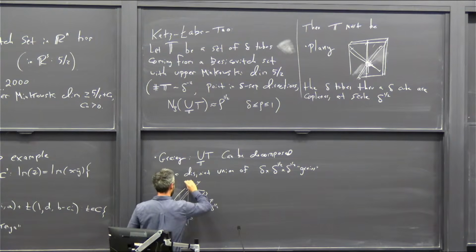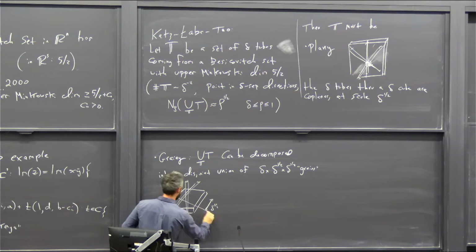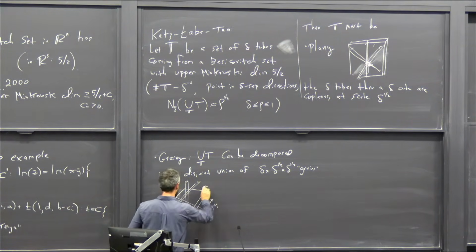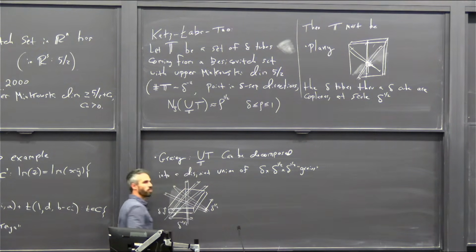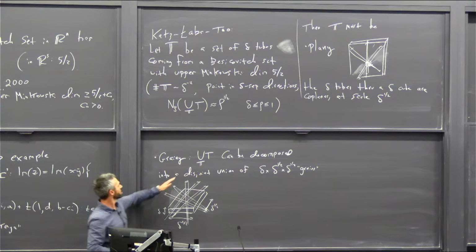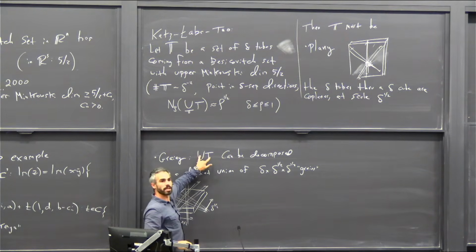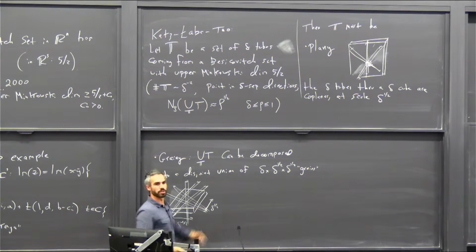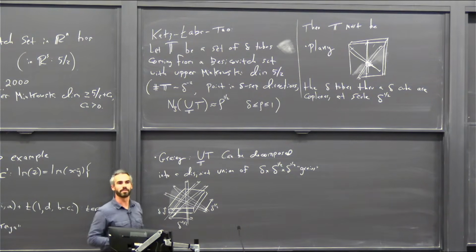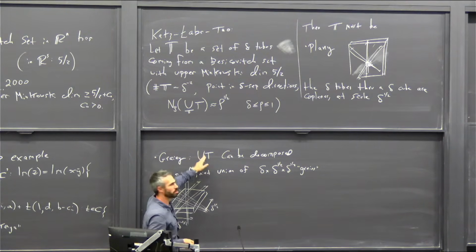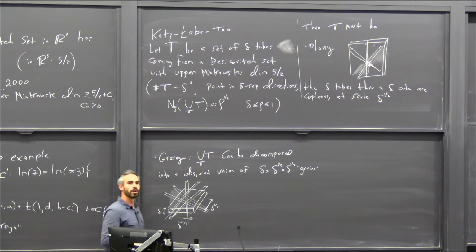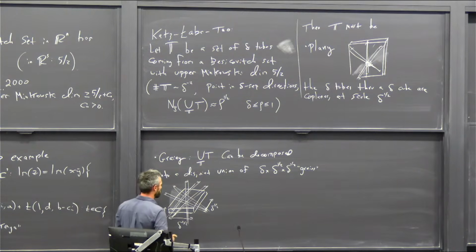And I'm drawing a whole bunch of delta tubes, which are in the set blackboard bold T. And so one way of thinking of my Besicovitch set at scale delta is as a union of these tubes, which are presumably going to overlap a fair bit. In fact, you would expect about delta to the minus 1/2 tubes passing through a typical point in this union. Or I can think of it as a mostly disjoint union.